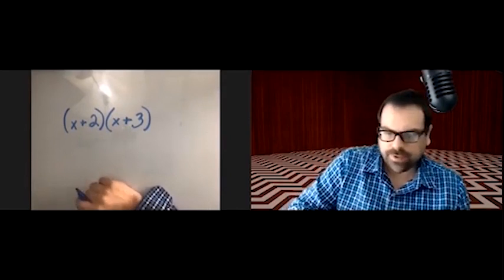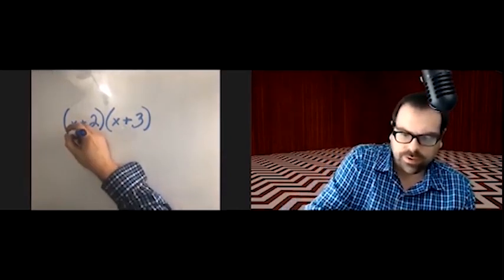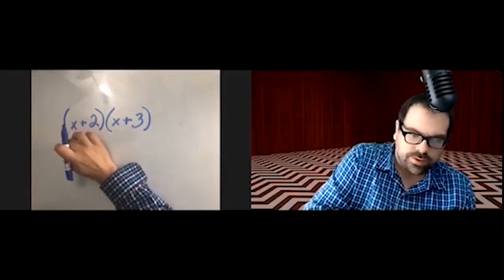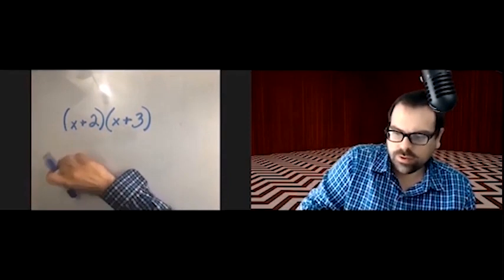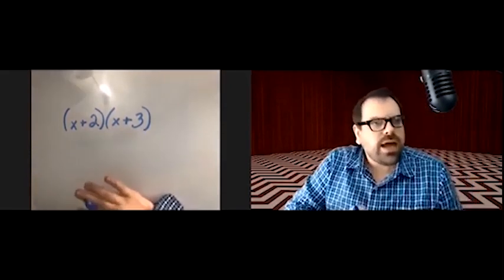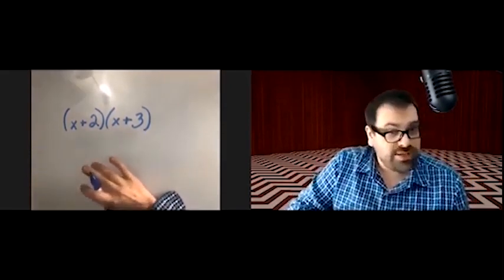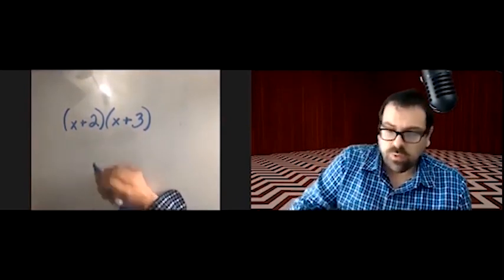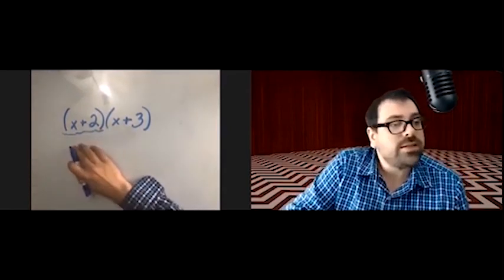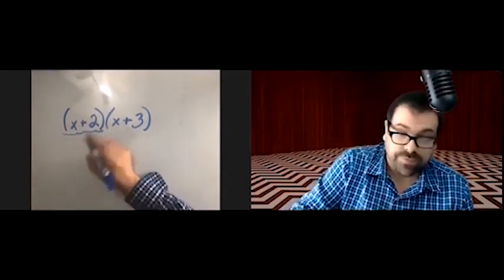Now, if we were to use the logic of what we just did, we could take this x plus 2 and consider it the thing on the outside.